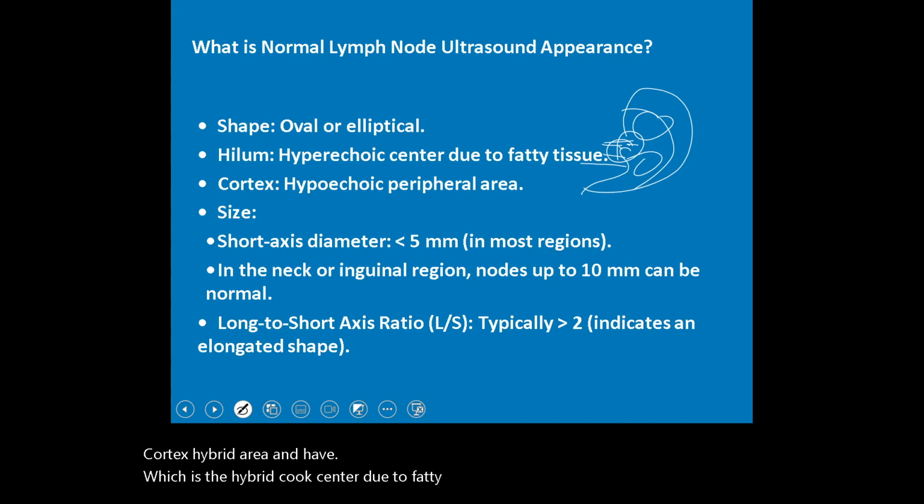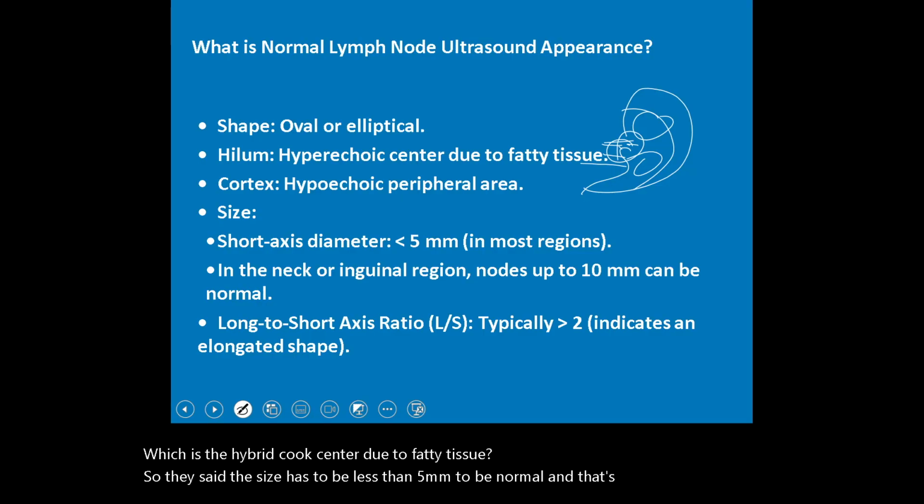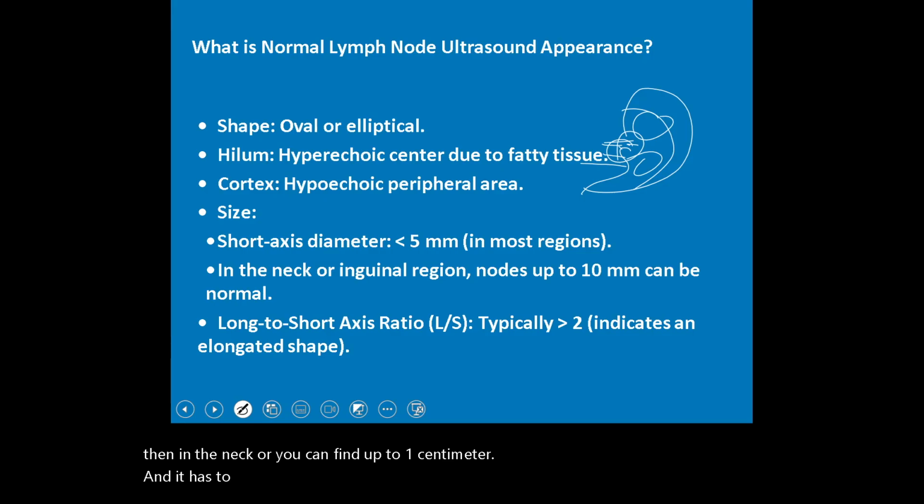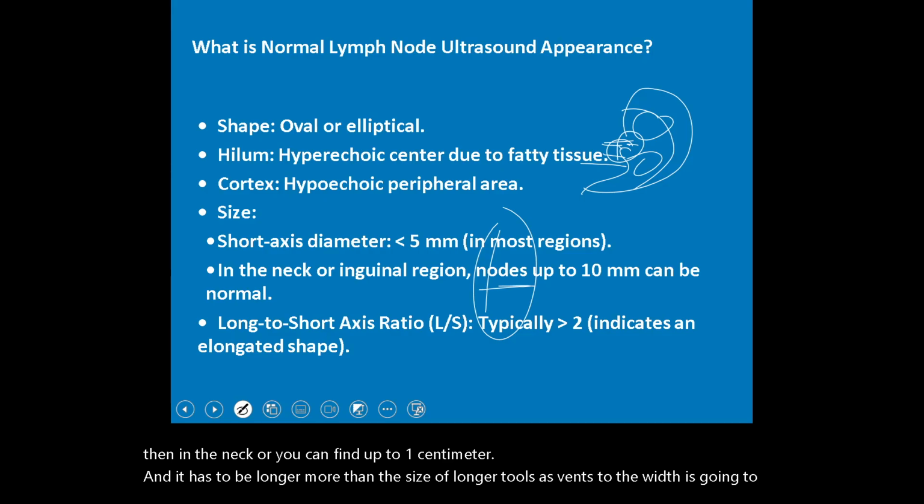The size has to be less than 5 millimeters to be normal, and it has to be kidney shaped. In the neck or inguinal region it can be more, up to 1 centimeter, and it has to be longer than wide, with a length to width ratio of more than 2.